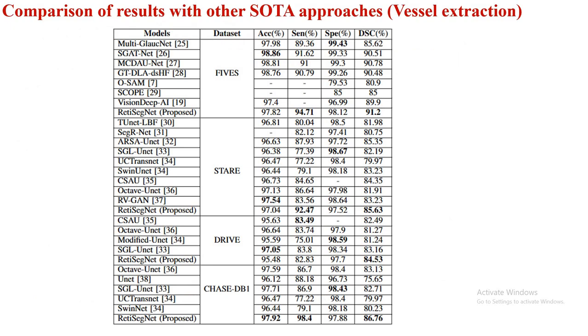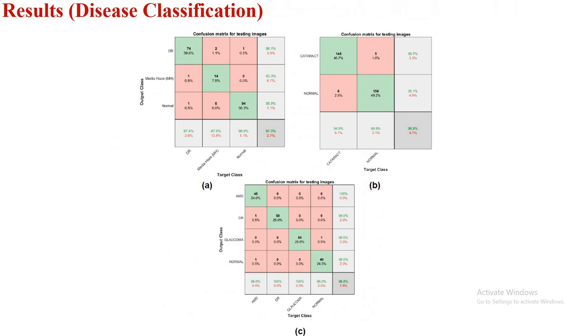And these are a few comparisons. As you can see from the comparison table, the dice coefficient, which is very important for vessel extraction, is superior compared to other SOTA approaches that we have given in the references.